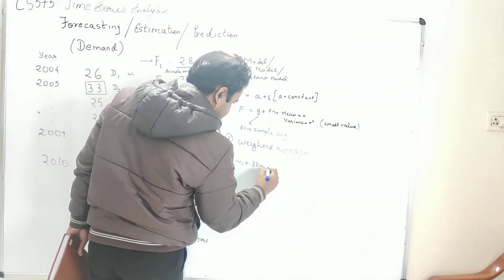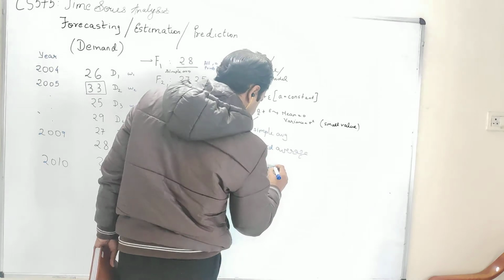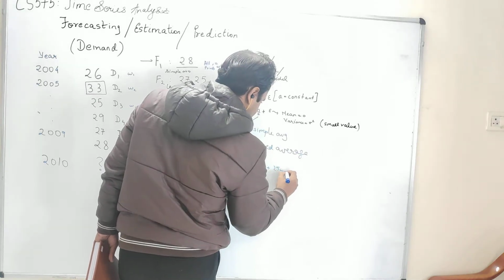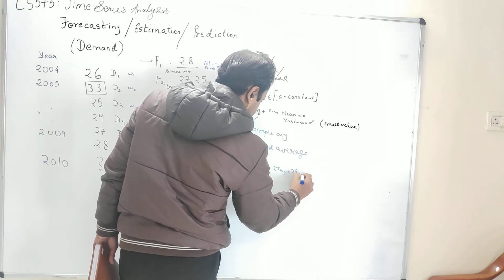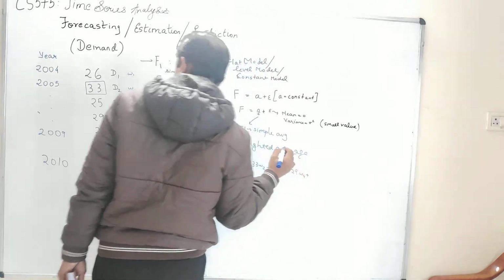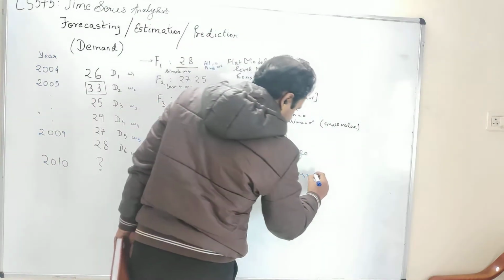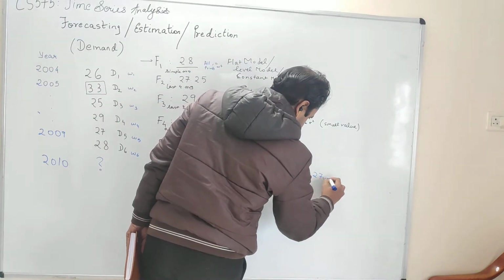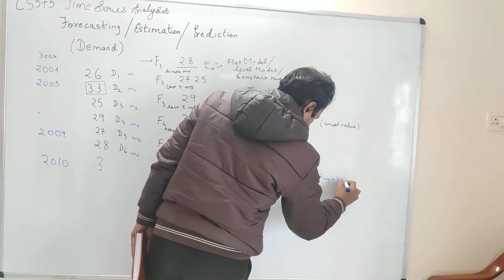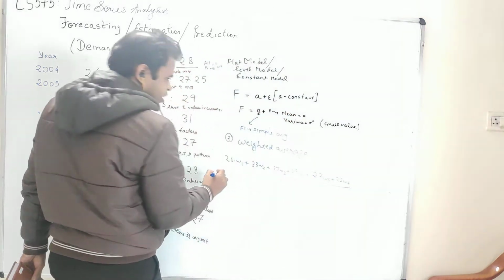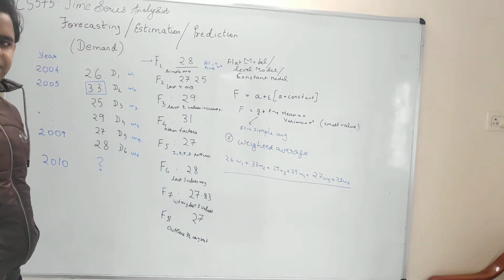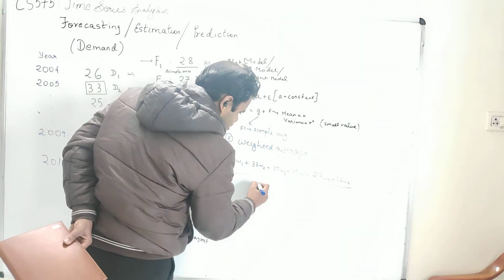So we have 26 W1, 33 W2, 25 W3, 29 W4, 27, 28. And since you are having a weighted average, you need to divide by the sum of all the weights.